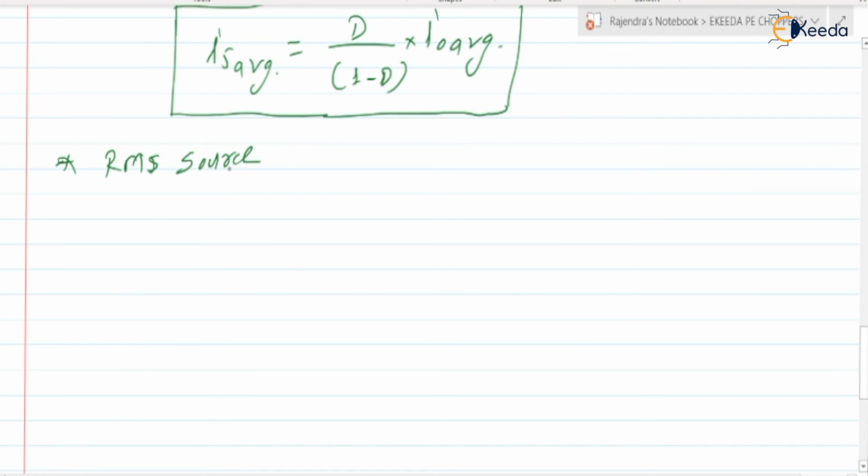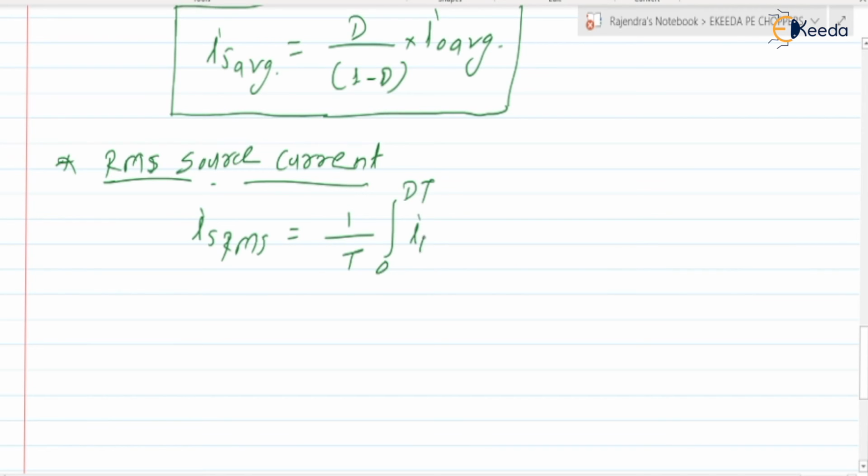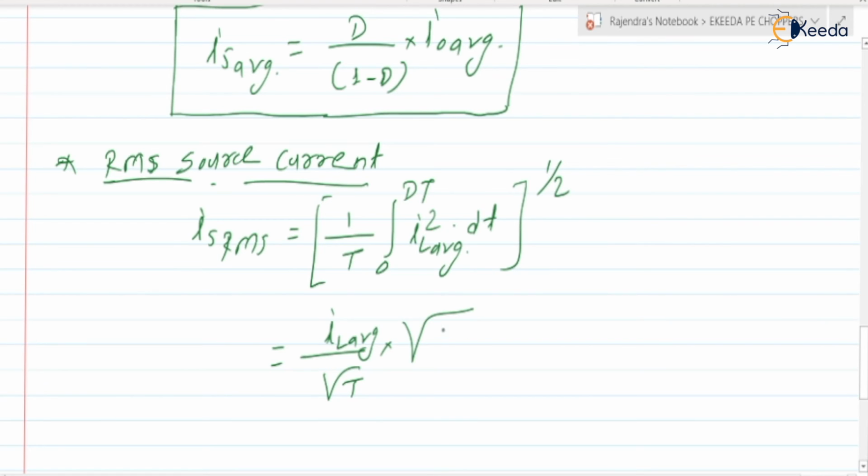We can write IS RMS equal to what? 1 by T integration from 0 to dT of IL average square into dt, to the power 1 by 2. Okay, so this can be written as 1 by root T into IL average. Because IL average is constant, I am taking it outside, into under root dT.